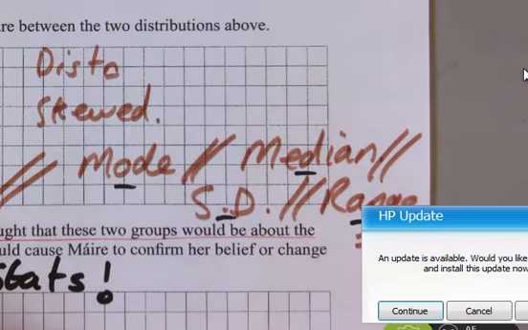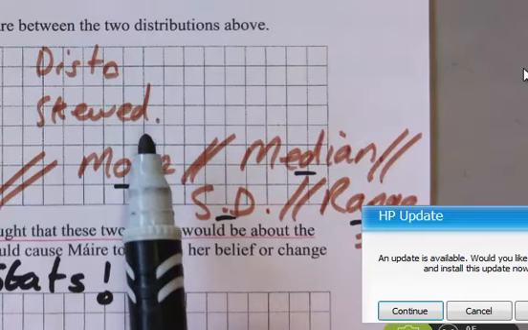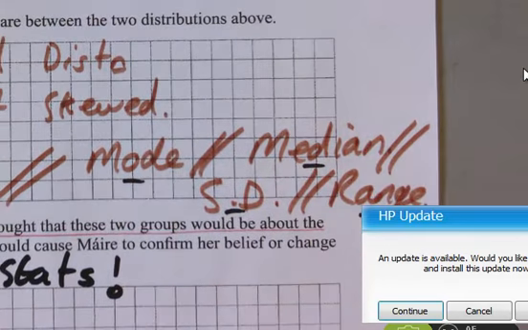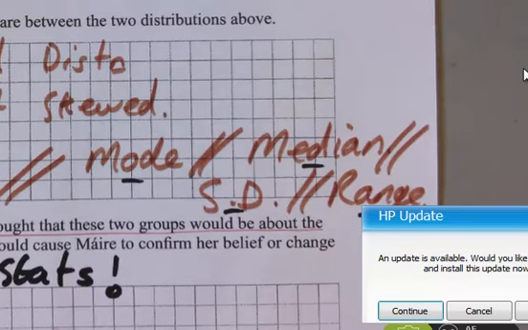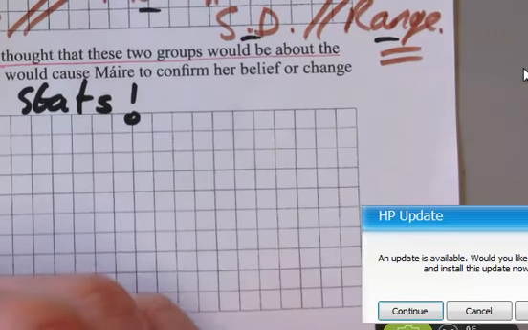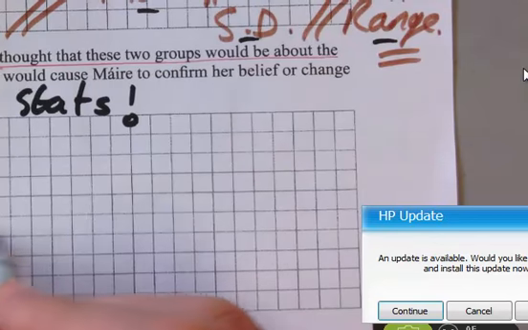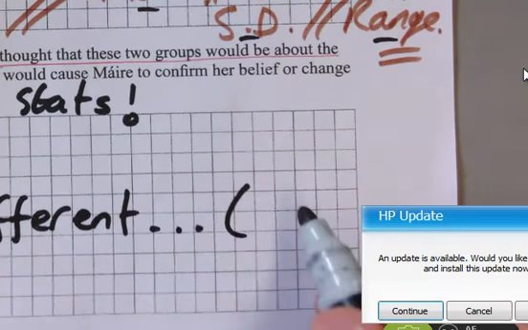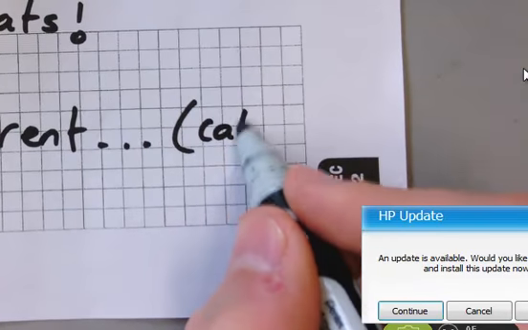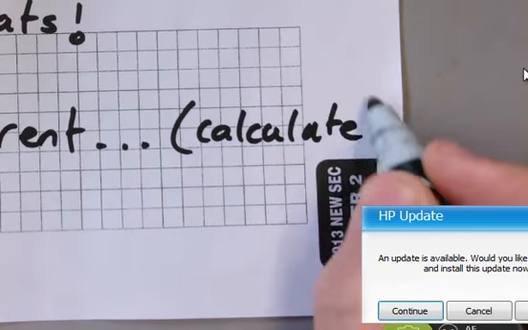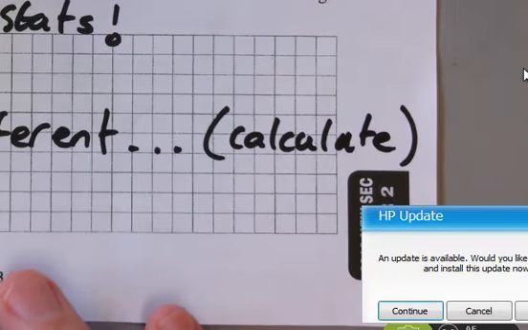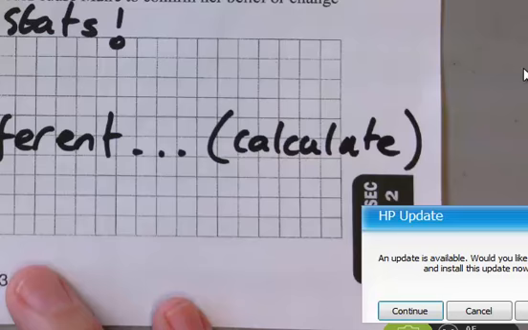If you, for example, talked about the shapes of the two distributions, well then, for this bit down here, you might mention that the means are different. But don't forget that you must calculate them. Don't just make a statement. Show the examiner that they are different. So show the maths that's involved.